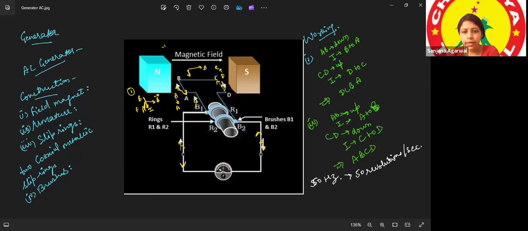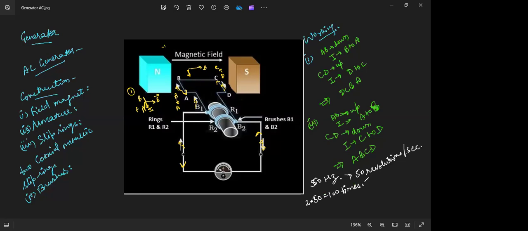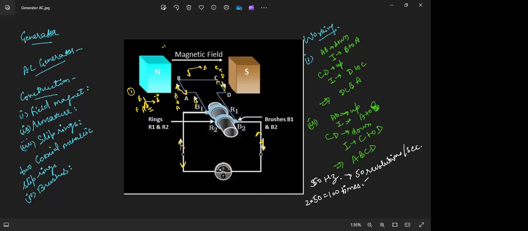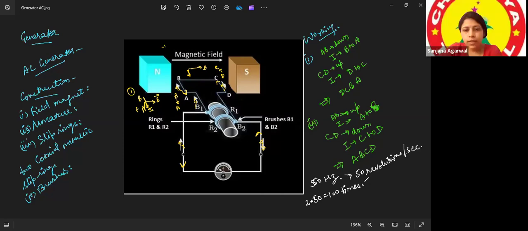That is, the current changes its direction 2 into 50 equals 100 times. That is so fast. Yes, ma'am. That's all about the AC generator, alternating current, and now DC.